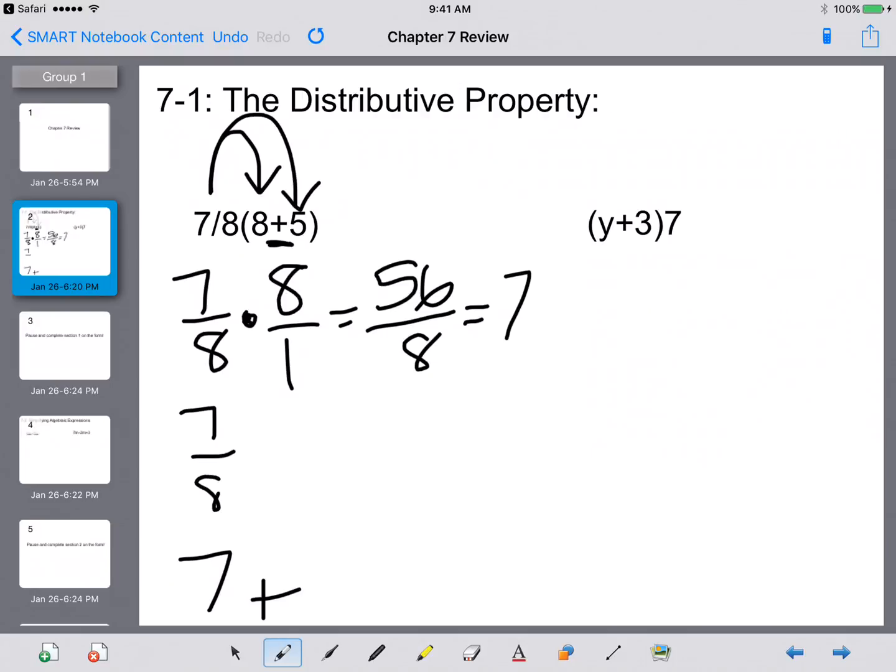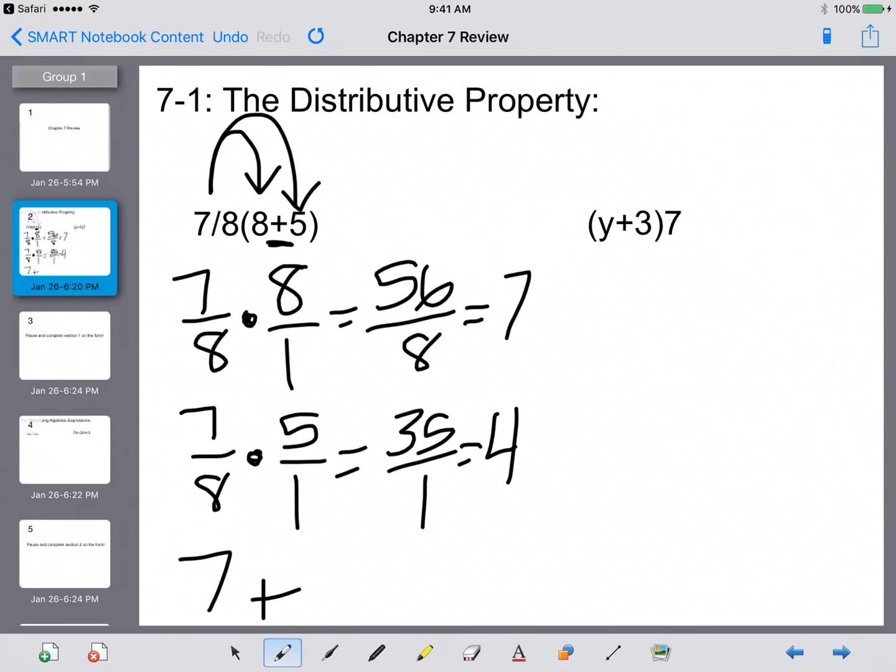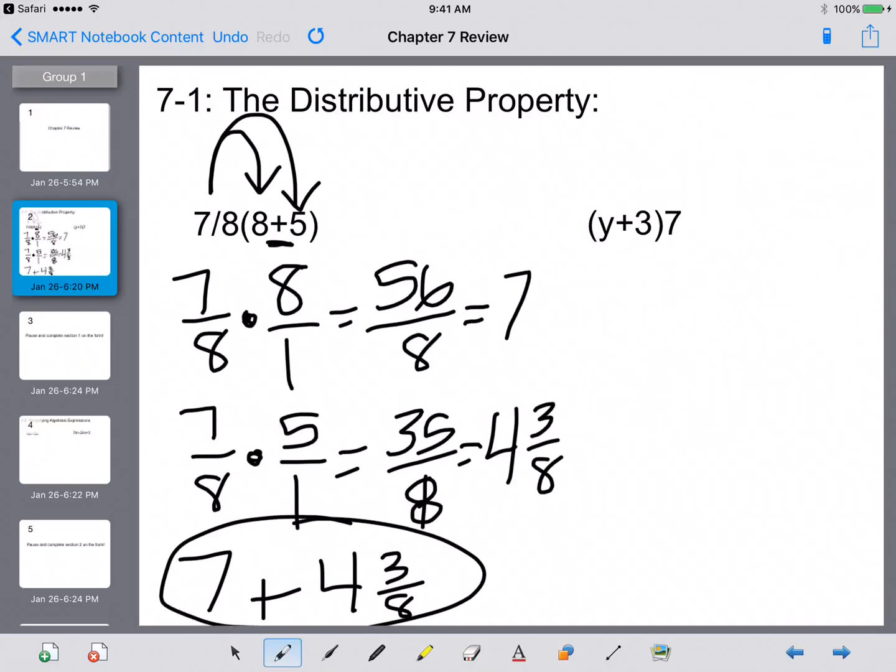So once again, 7/8 times 5 over 1 to get 35 over 8, or 4 3/8, because that's what 35 divided by 8 equals. So you bring that down, 4 3/8. So distributed here, this answer is 7 plus 4 3/8.